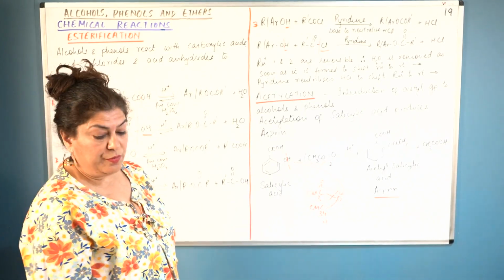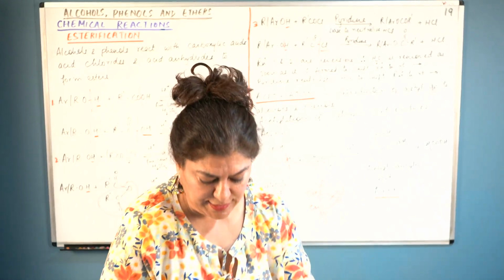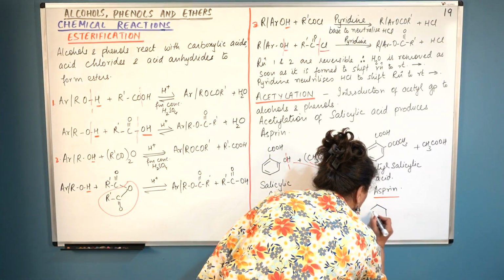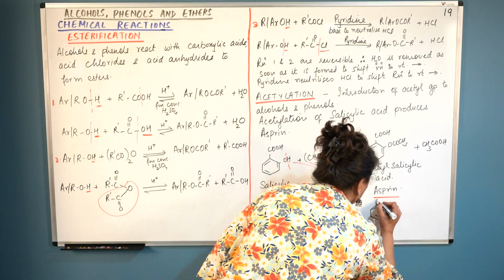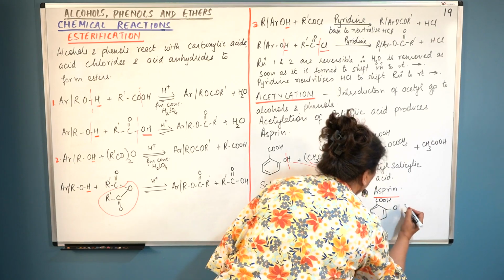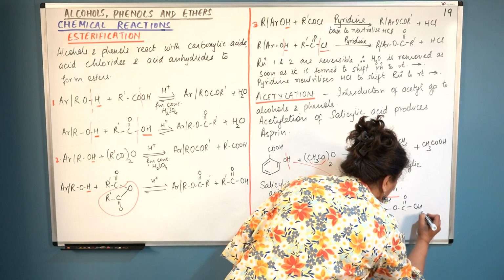And if you write the detailed structure of this to see how it is an ester, I can do that also. This is COOH, and here you have O, COCH3.